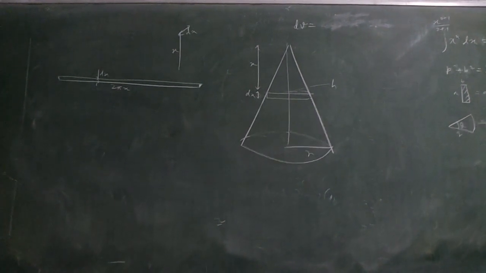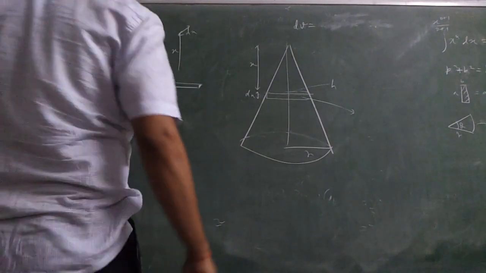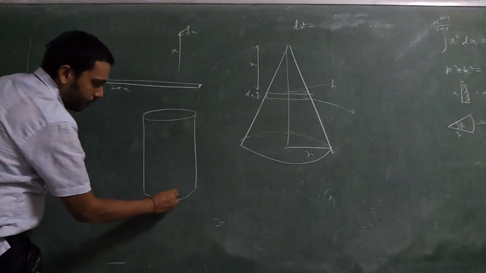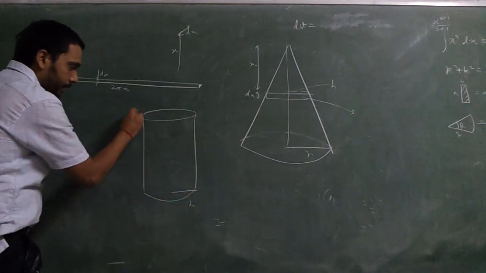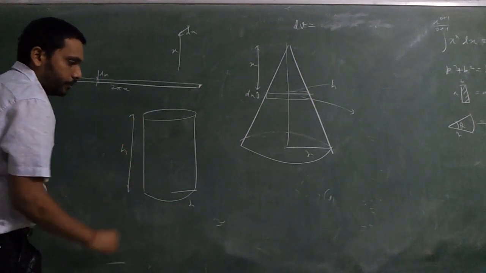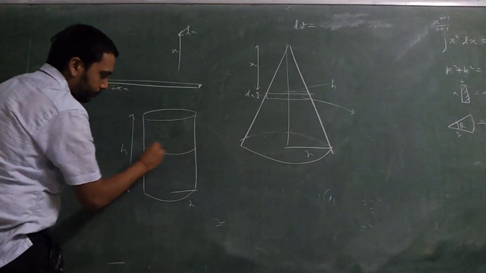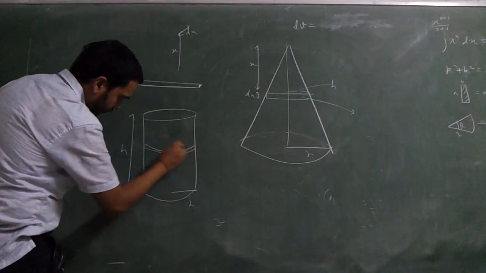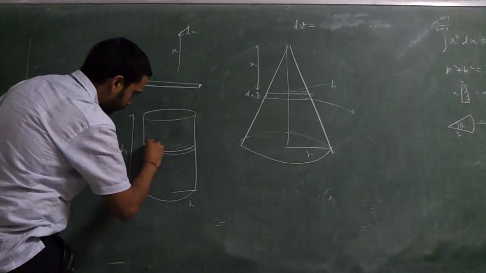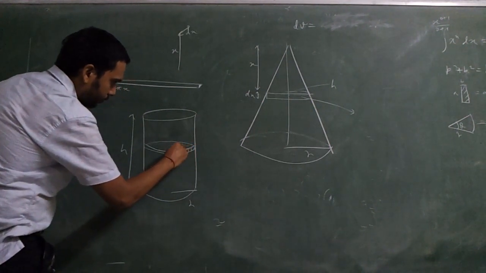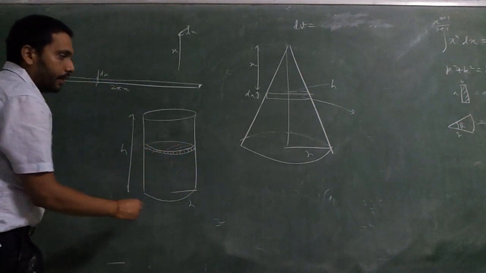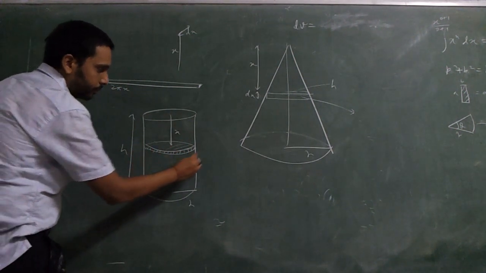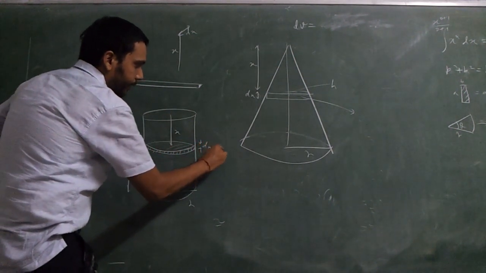So your job, for those who are not getting it, just find out the volume of a cylinder of base radius r and height h. Again you will slice it into a very thin cylinder at any random distance x and thickness dx, right?